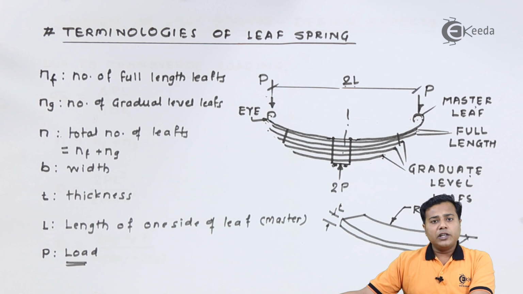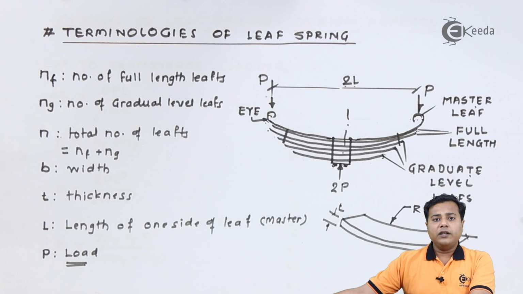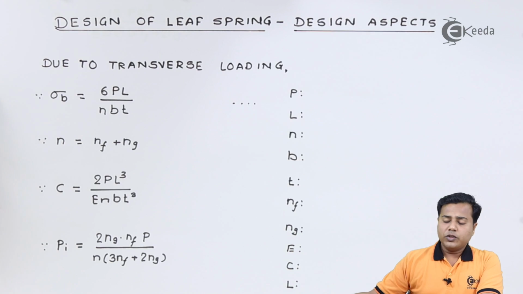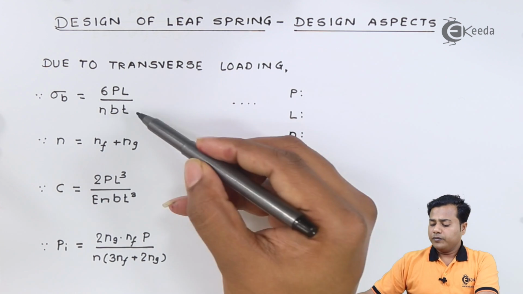Let me just tell you that the leaf spring carries transverse loads, and hence for transverse loads, the stresses that come into picture, maybe bending stresses, shear stresses, or any other normal stress, are considered together for this derivation, and based on that certain formulas are made, which we are going to look at in today's session. There are a few formulae which we have segregated based on the given course. Of course you can find all these formulae in the design data book.